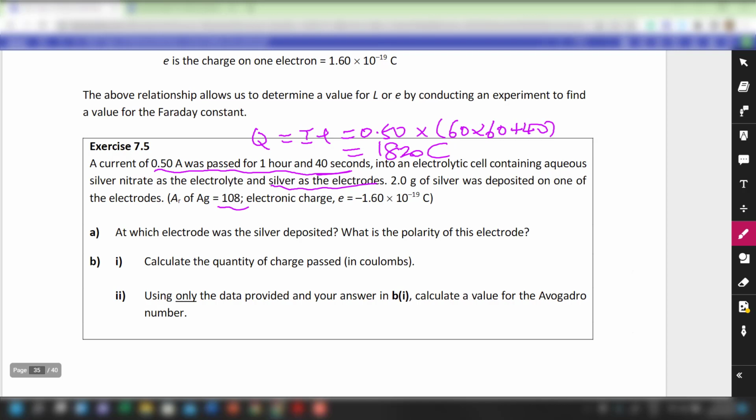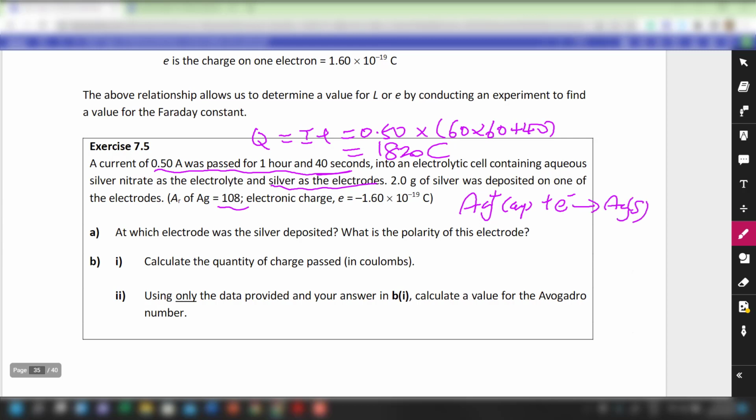At which electrode was the silver deposited? What is the polarity? This is straightforward, because depositing silver involves reduction. Silver plus in the aqueous medium will take on an electron from the electrode and get reduced to silver.